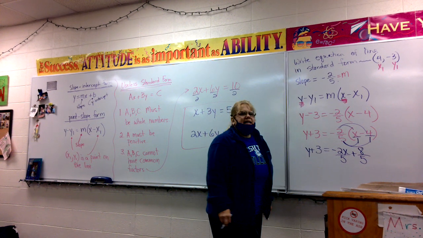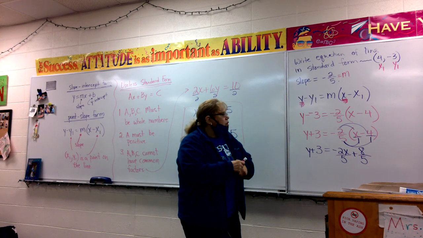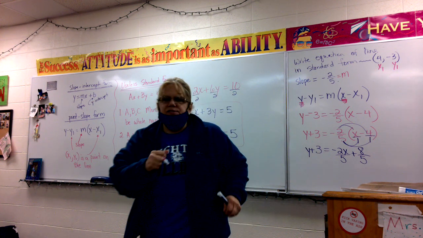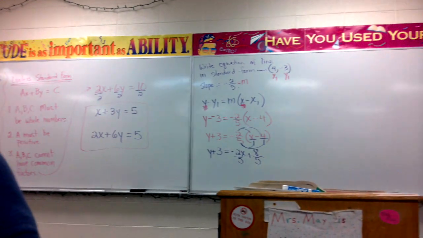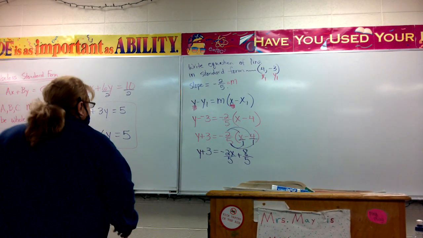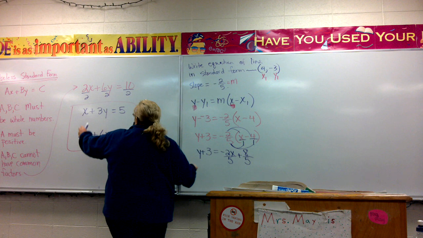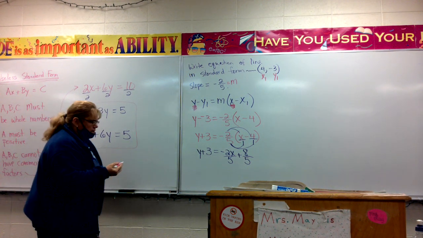Now we're going to need to get all the x's on the same side. We're going to need to get the x and y on the same side, number term on the other.